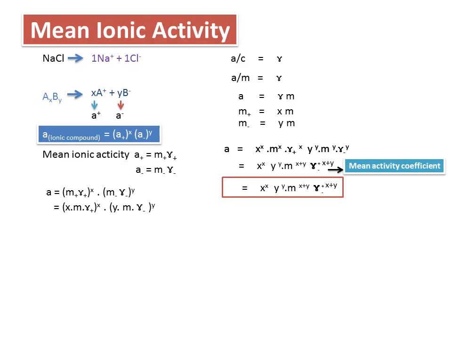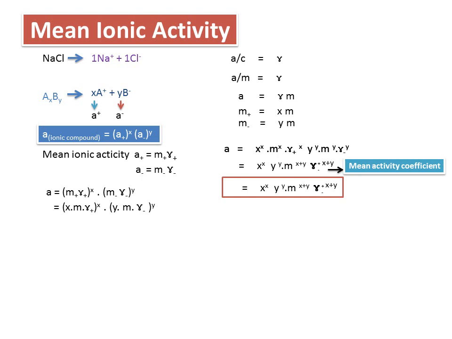Dear students, in this slide we are discussing mean ionic activity. As we know, A over C is equal to gamma. On the right side of the slide, we are taking concentration in molality, so we write C is equal to m.